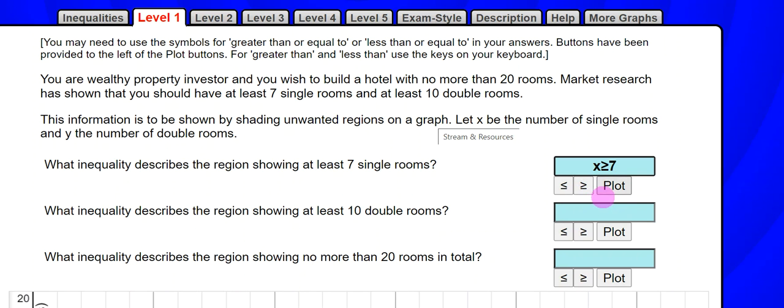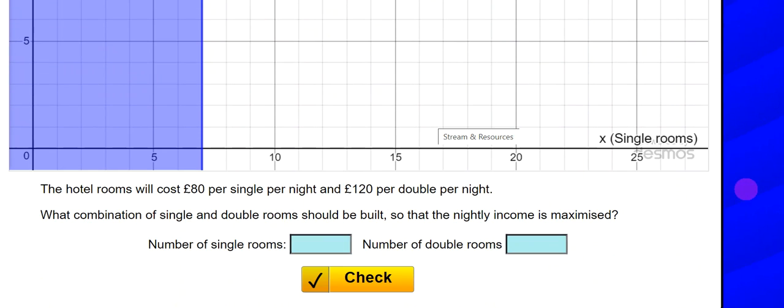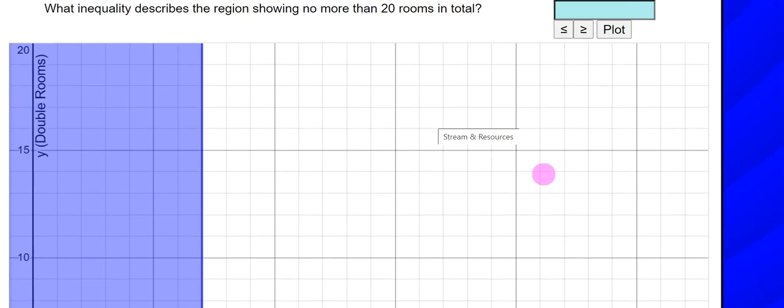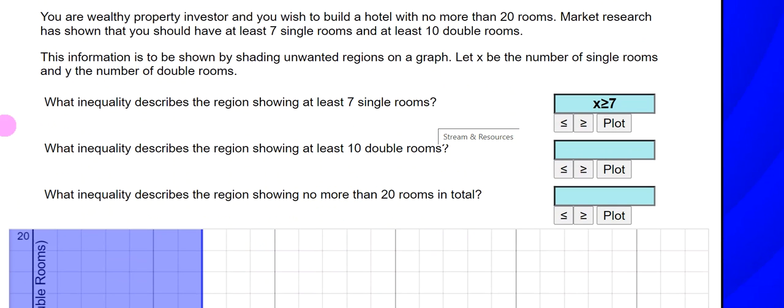If I plot that, that's what it looks like, right? It's got nothing to do with doubles. But let's have a look at double rooms. What inequality describes the region showing at least 10 double rooms? Y must be greater than or equal to 10. What inequality describes no more than 20 rooms?